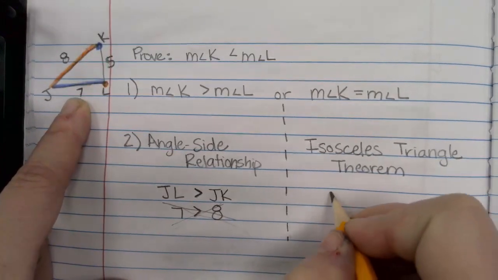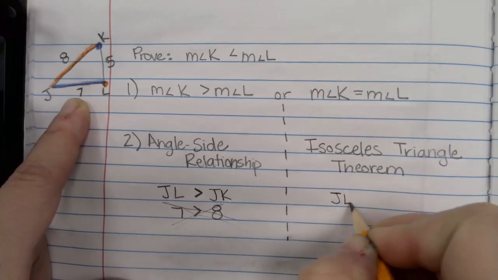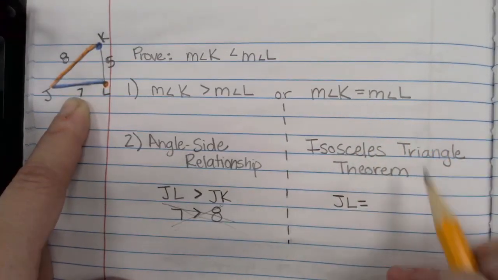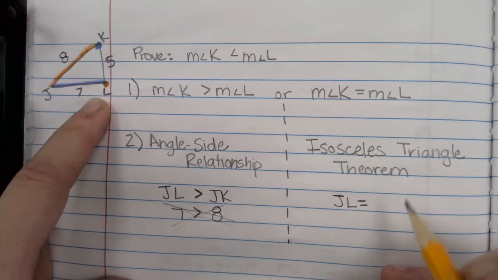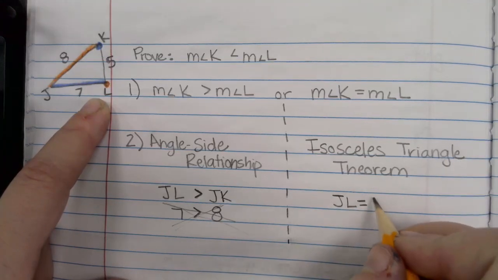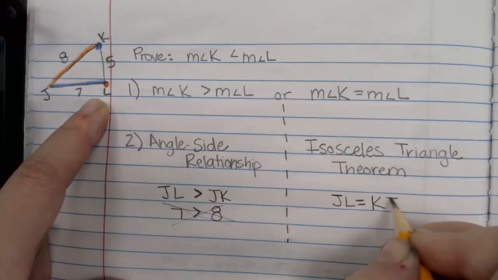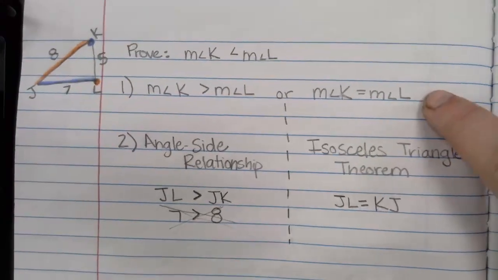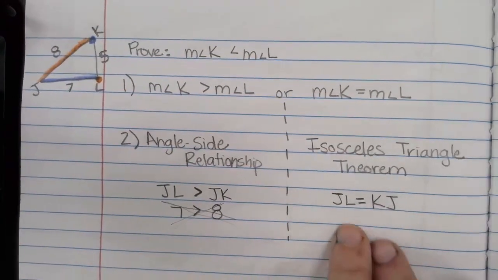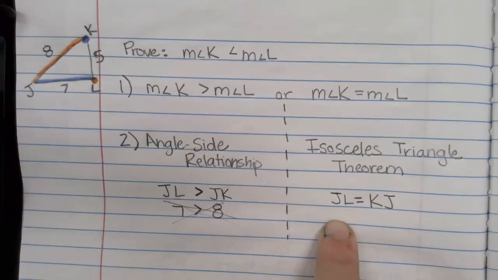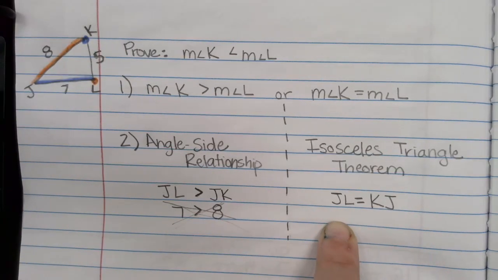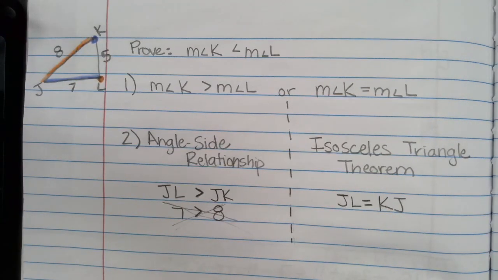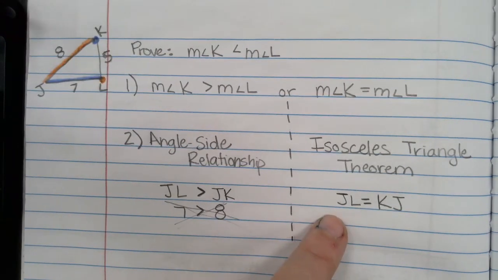JL. And what's the side that's opposite of angle L? KJ, or JK. So if those angles were equal, then we'd be able to say, yep, now those sides are equal. But are the sides equal? Is JL equal to KJ?